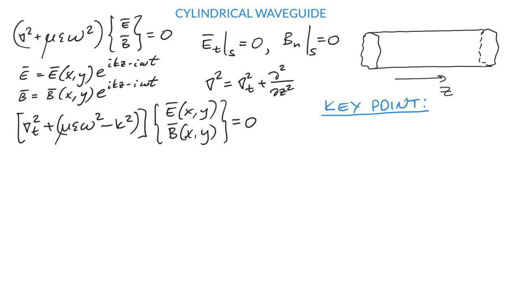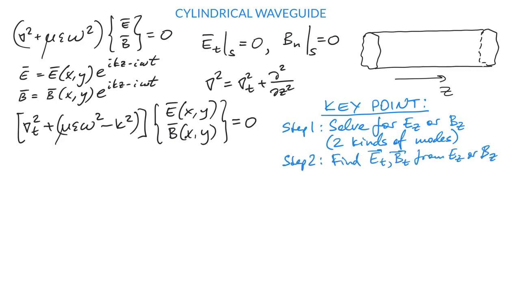We will see that we can solve this equation for the axial component of either E or B with the corresponding boundary condition, and we'll find two different kinds of modes depending on whether it's E or B that we're looking for. And then we'll recover the transverse components of both E and B fields from either E_z or B_z. We will find out how to do this in the rest of this video.